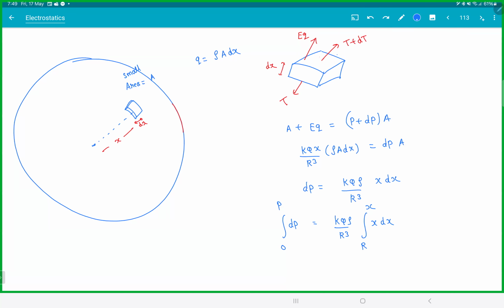But is everyone clear why the pressure on the outer surface is 0? Getting it? There is no force acting from outside on this surface. So when you do that, this pressure is nothing but T by area.